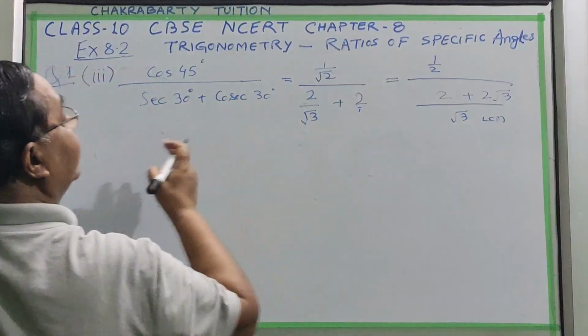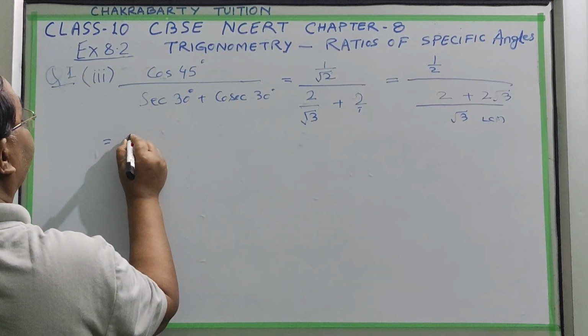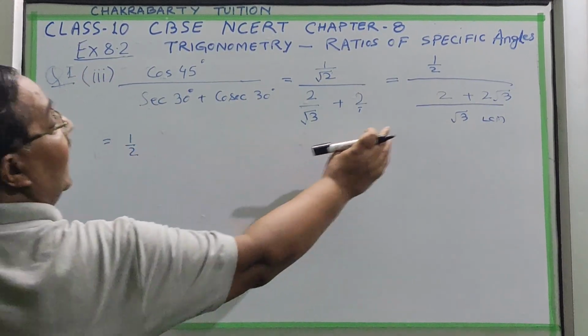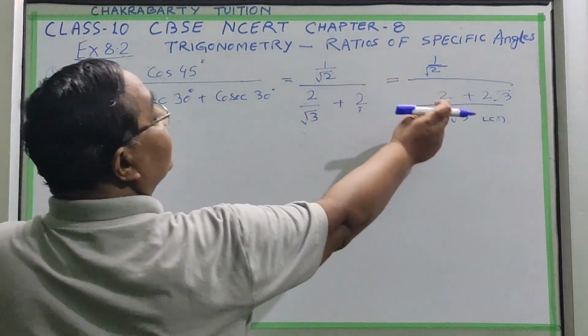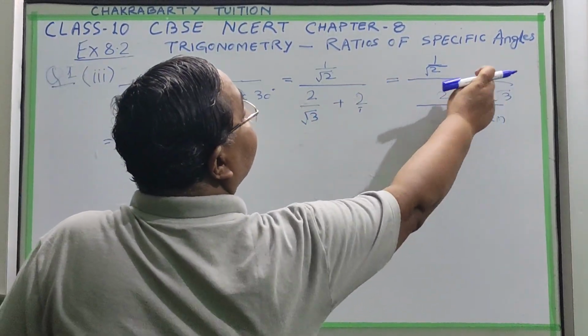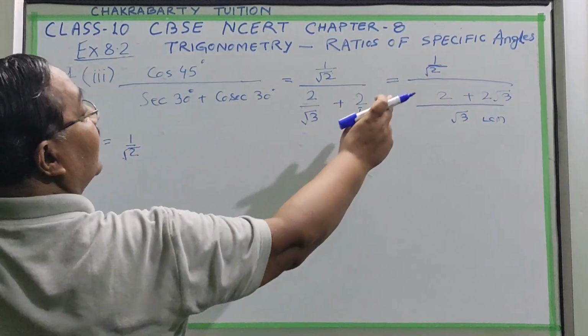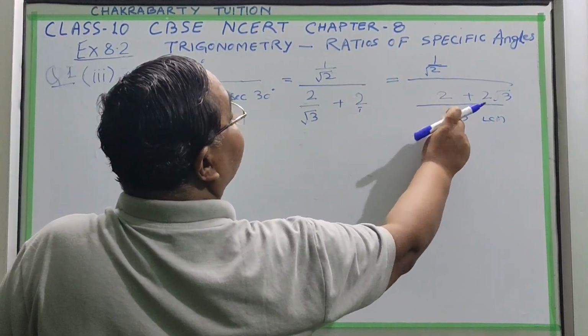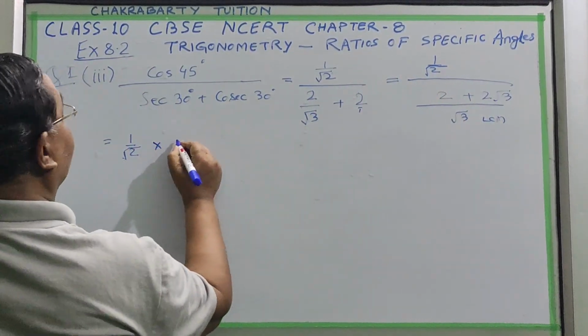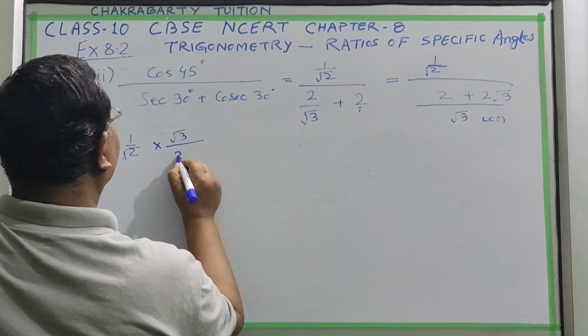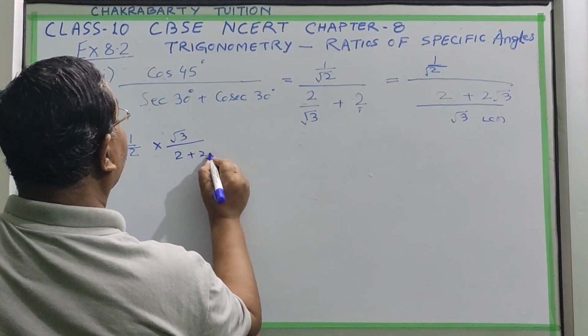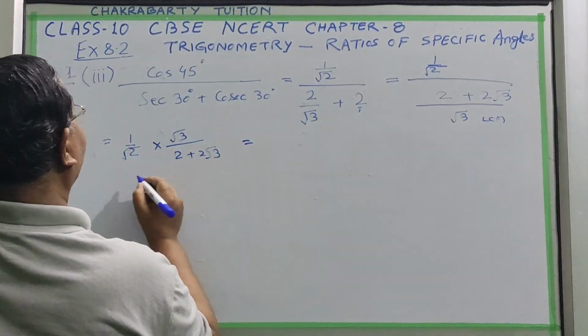Now we are taking it this side. So 1 upon 2, and this figure we will take in one line, it will reverse because the divide sign is there, so it will become a multiply sign, into under root 3 upon 2, plus 2 under root 3. So what will happen?